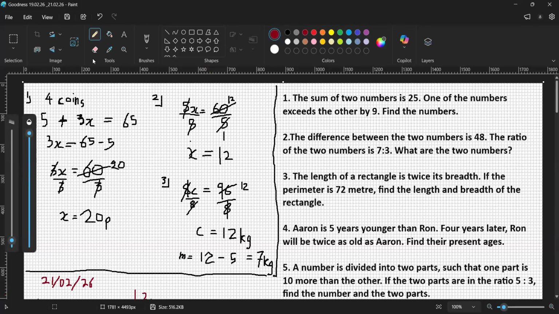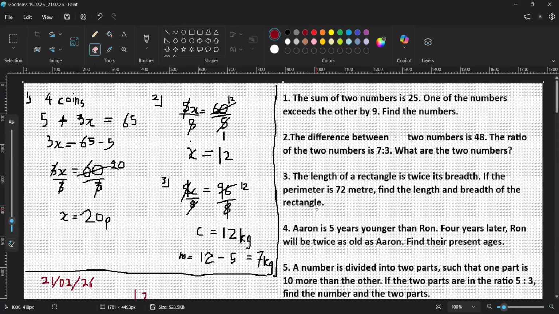Let me take it out so it doesn't look like there's a space there. Okay, so yeah, the difference between two numbers is 48.